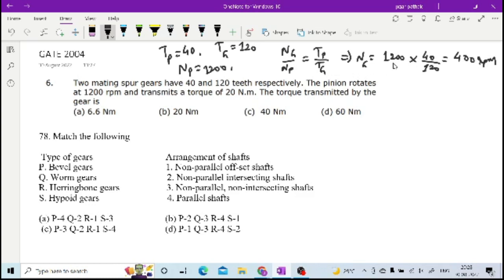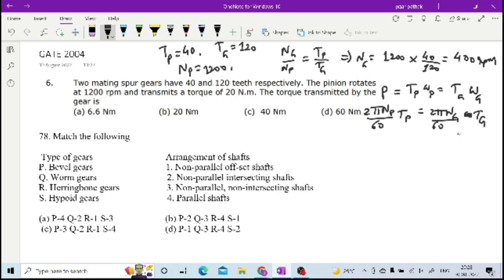Once you get the speed of gear, the power transmitted will be the same as we have mentioned earlier: Tp omega p is equal to Tg omega g. So 2 pi Np by 60 into Tp is equal to 2 pi Ng by 60 into Tg. With further simplification, NpTp is equal to NgTg.